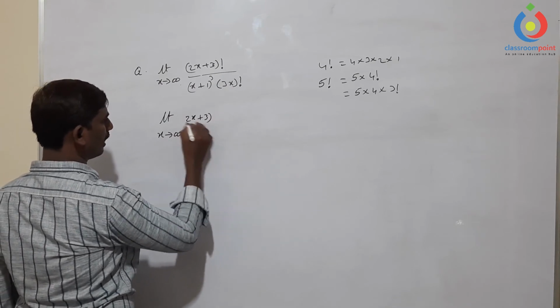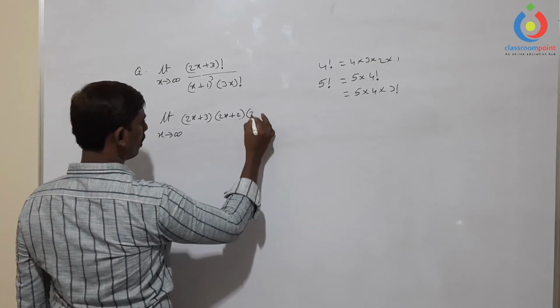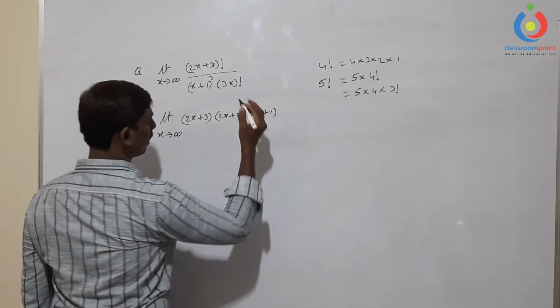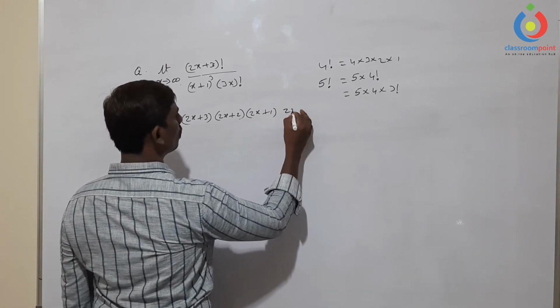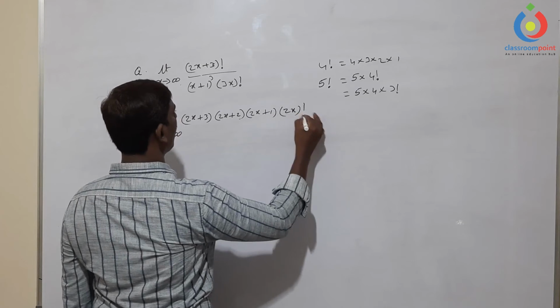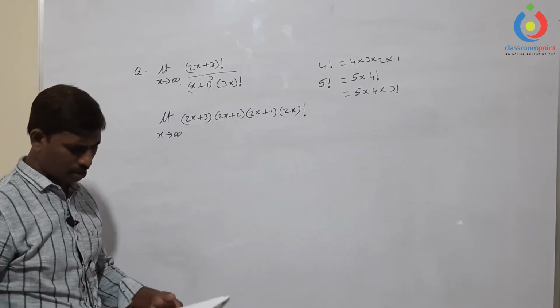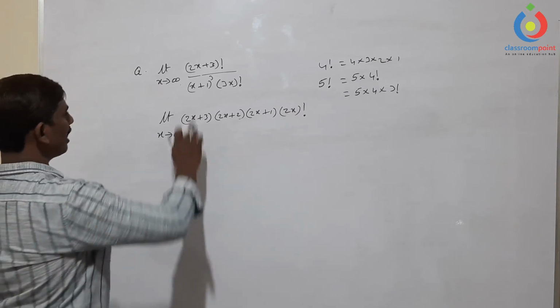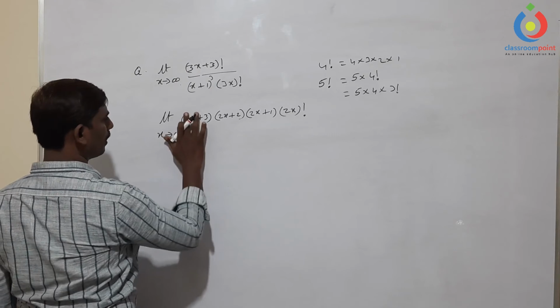2x plus 3, next one is 2x plus 2, 2x plus 1, next one is 2x factorial. One minute, I am taking something wrong. The question is 3x plus 3, sorry.